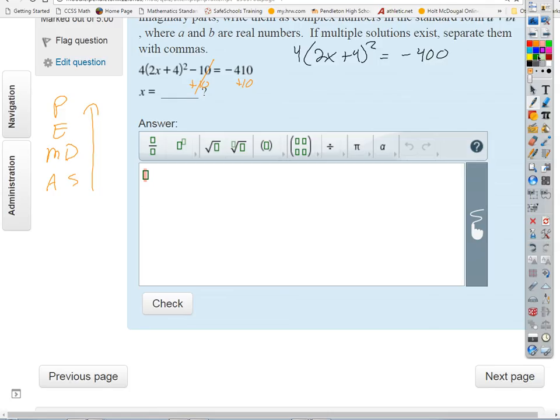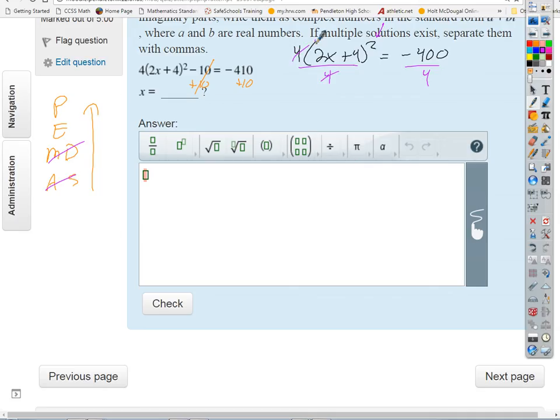Next we'll divide both sides by 4. Remember, you can't distribute that 4 because this quantity is being squared, right? That doesn't work. So instead, we're just going to undo multiplying the quantity by 4 by dividing by 4.